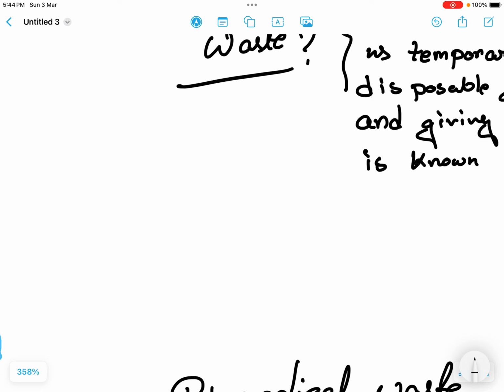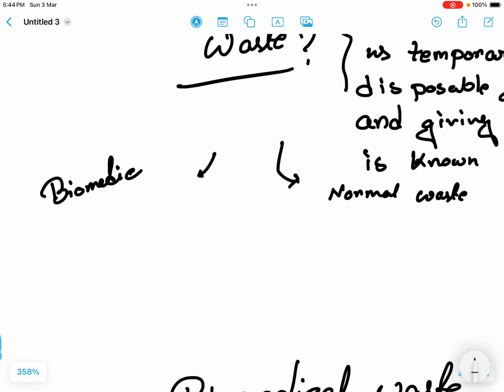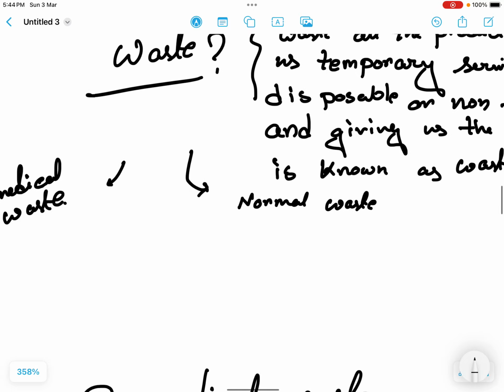After we differentiate what waste is, it can be differentiated into two parts. So after the definition, we have to know the waste differentiation. One type is normal waste, and another type is biomedical waste, right?